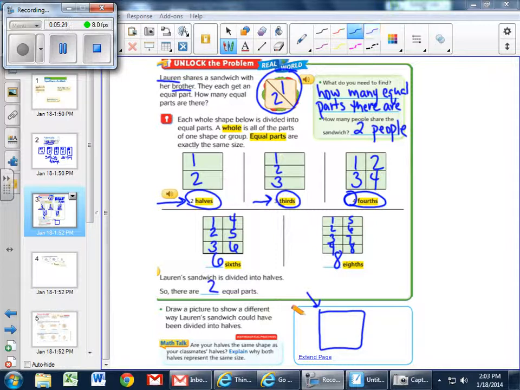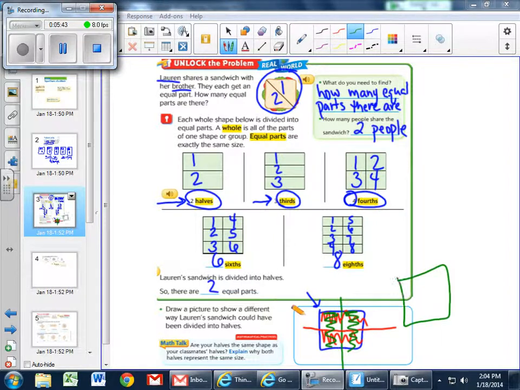The other way you could have cut it, as long as it's equal, you could cut it going down this way, or you could have cut it going across. As long as this piece is relatively the same size as this piece here, or vice versa if you did it this way, that this piece is about the same size as this piece.